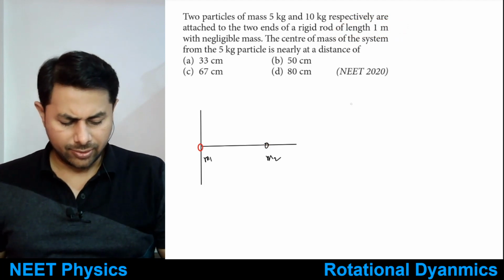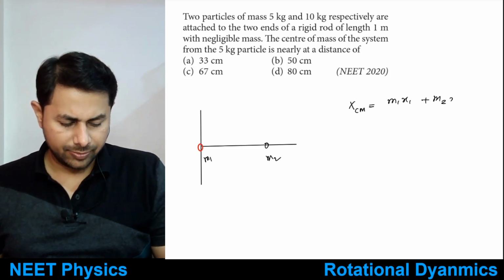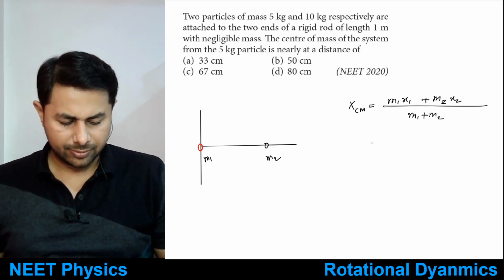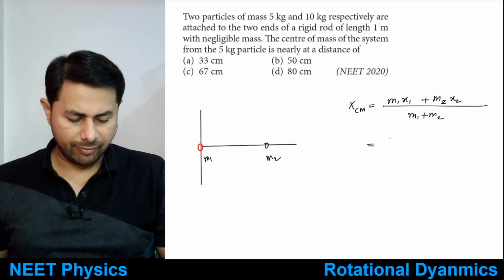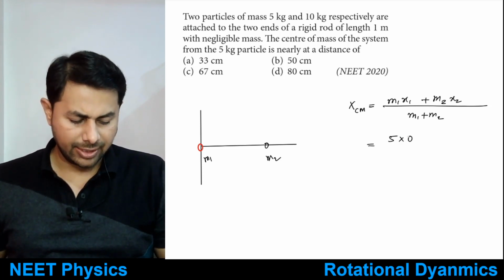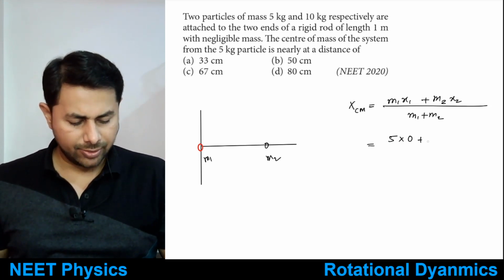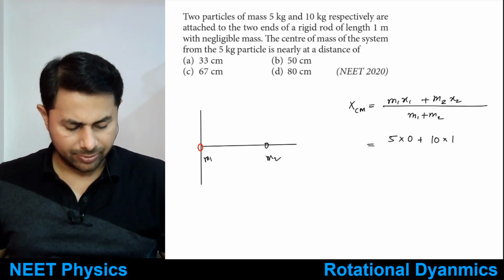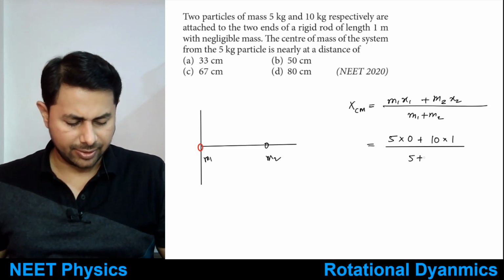So XCM is equal to (M1x1 + M2x2) divided by (M1 + M2). Now just put in the values. M1 is 5 kg. X1 is 0 because M1 is at the origin itself, plus M2x2, so it is 10 kg times x2, which is 1, divided by M1 plus M2, which means 5 plus 10, that is 15.